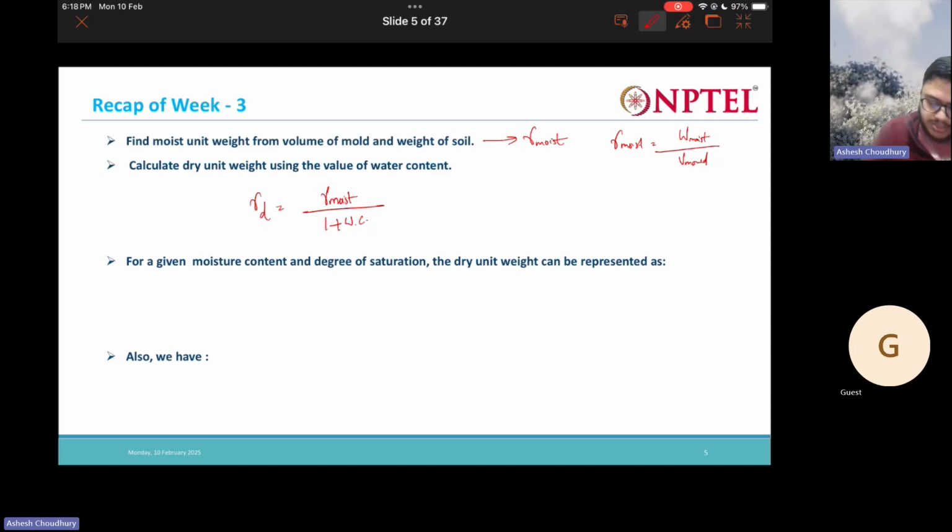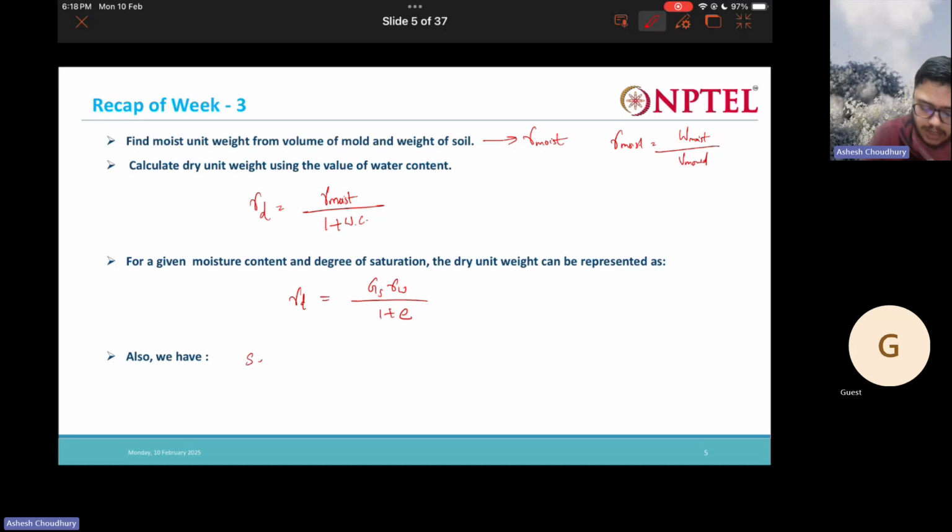Now, for a given moisture content and degree of saturation, the dry unit weight can be represented as what? γd is equal to Gs γw by 1 plus e. Right, this is the standard formula for dry unit weight.